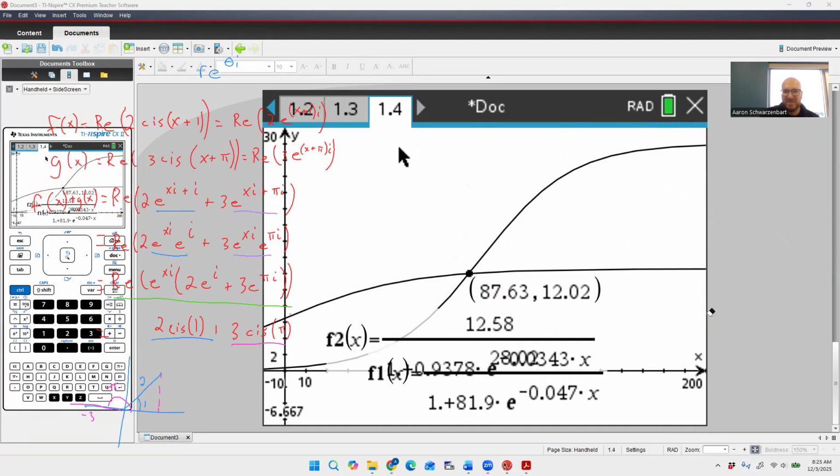Okay, so I'm just going to do cosine and sine to get my coordinates.